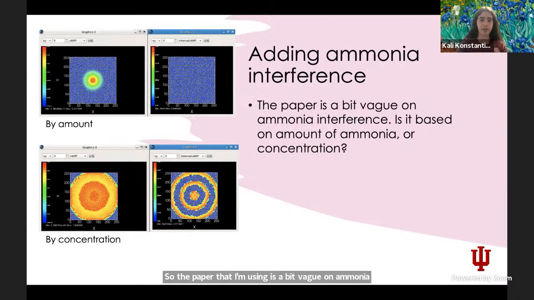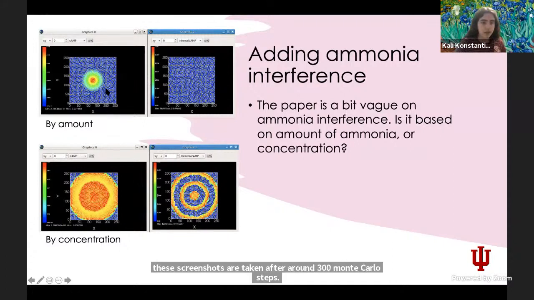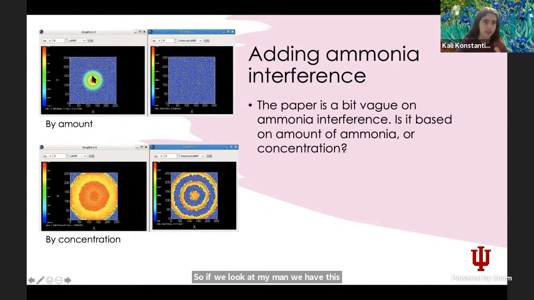It's unclear whether it's based on the amount of ammonia or the concentration of ammonia. So I tried both methods. Both of these screenshots are taken after around 300 Monte Carlo steps. If we look at by amount, the external cyclic AMP concentration is significantly decreased, inhibited, you could say, as opposed to what we saw previously.